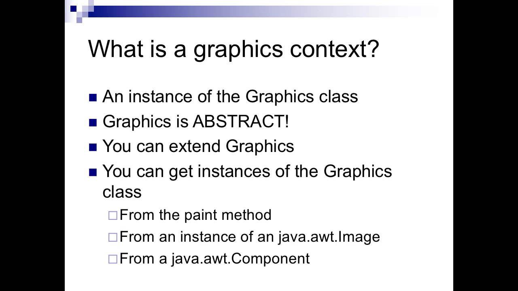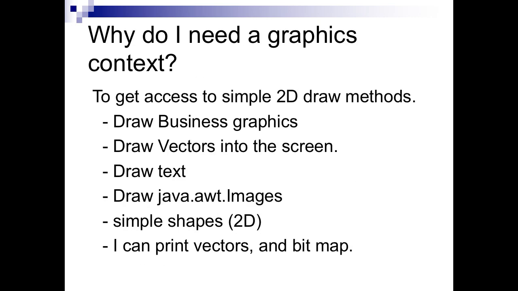And so what we do is provide an implementation for the paint method, and it is called with an instance of an implementation of the graphics context, and the graphics context is an abstract class which you can subclass.